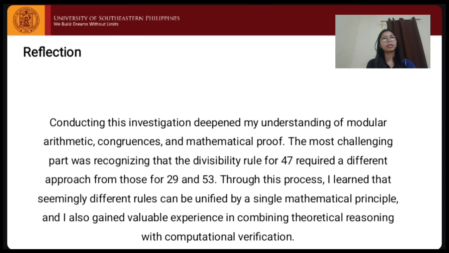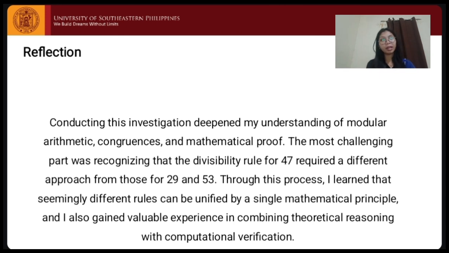One of the greatest challenges that we encountered was deriving the rule for prime number 47, unlike 29 and 53, where the addition form naturally produces a small multiplier. The inverse for 47 resulted in a relatively large value, which made the computation less practical.